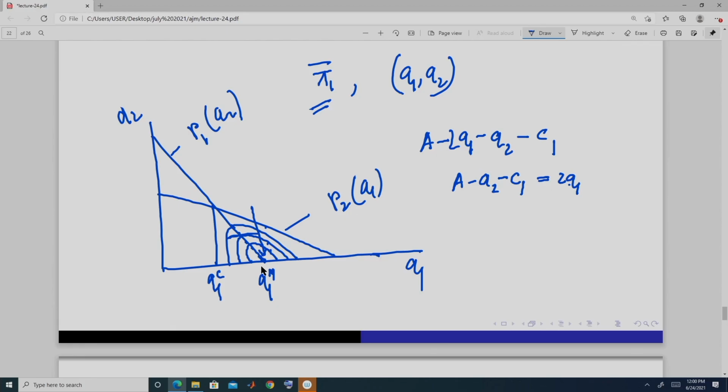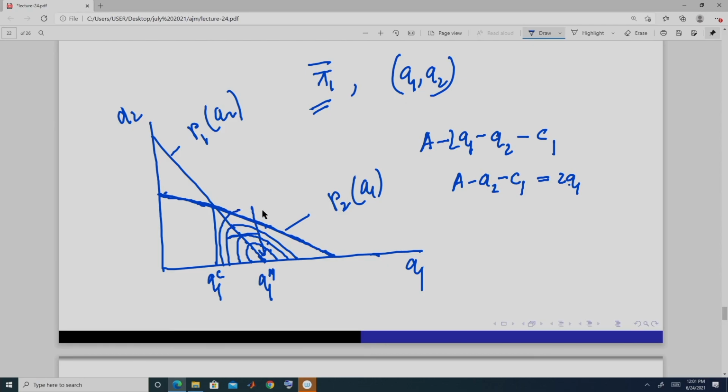So, now what does firm 1 do? Firm 1 knows that firm 2 is going to produce output based on this reaction function. So, firm 1 in stage 1 will decide that point of this reaction function which is going to give me the maximum profit.